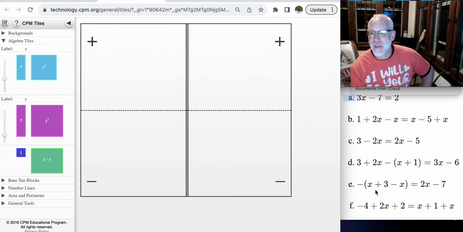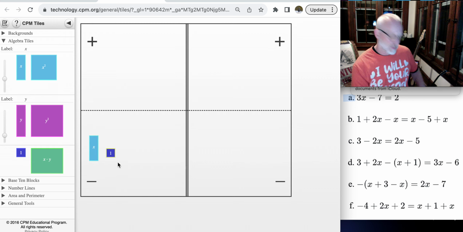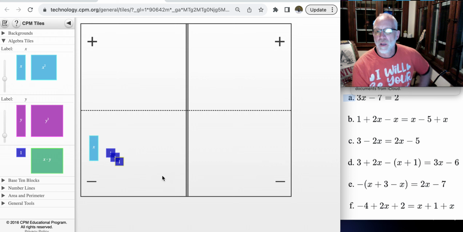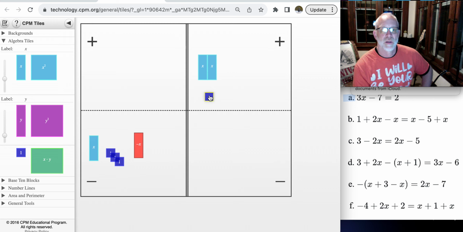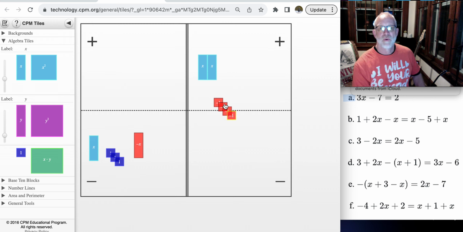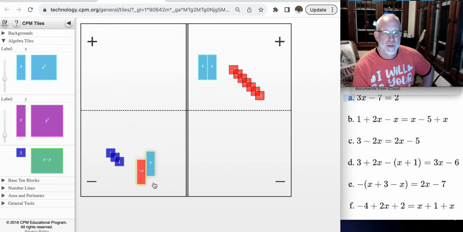2 more. We have opposite x plus 3 minus an x equals 2x's plus 7, or minus 7. Right away, I see a 0 pair down here.